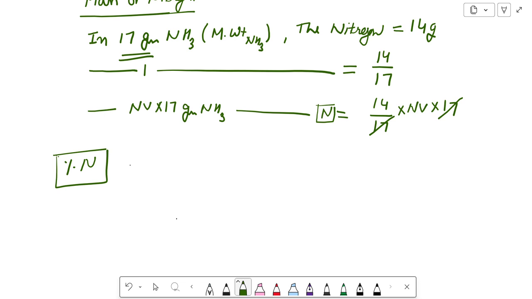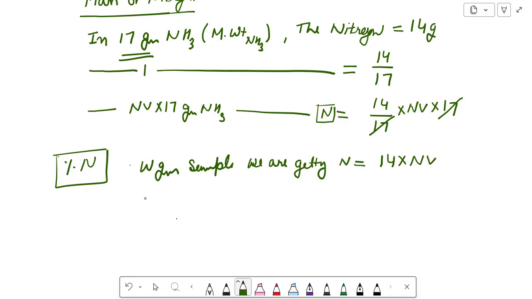How can we calculate the percentage of nitrogen? Actually, we are taking a W gram sample. So from W gram sample, we are getting nitrogen. That is equal to 14 into NV gram.